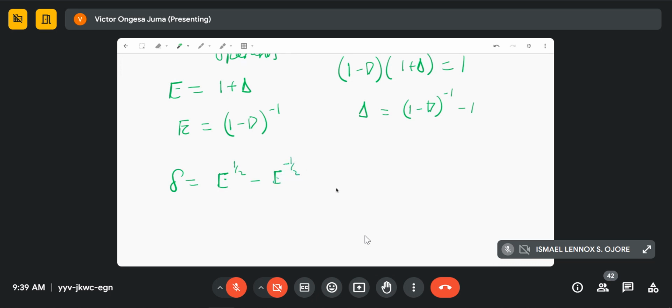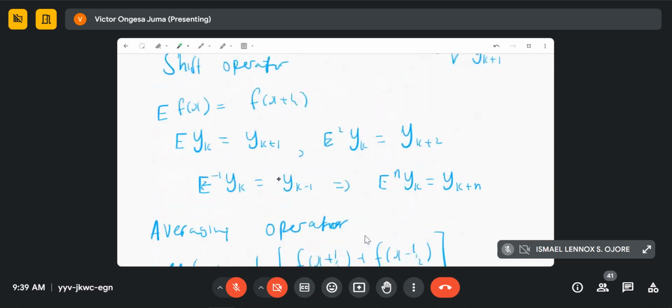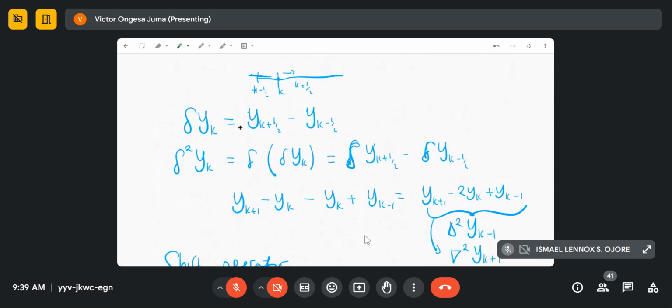But that is easier to prove, because if you look at this, the averaging operator is given by this. So this is the same as what? This is E a half yk minus E negative a half yk.